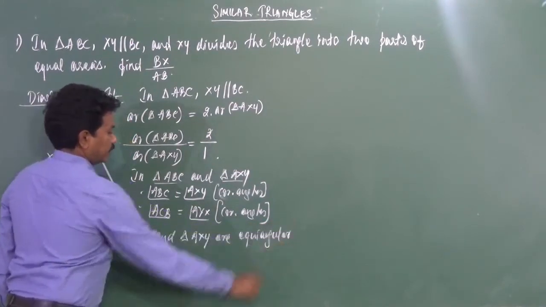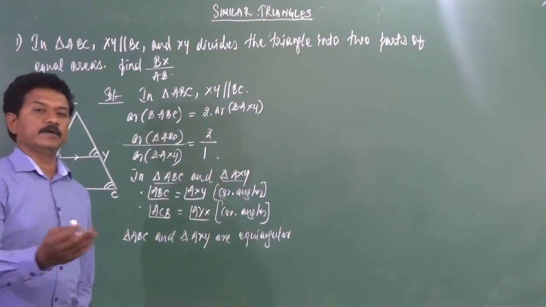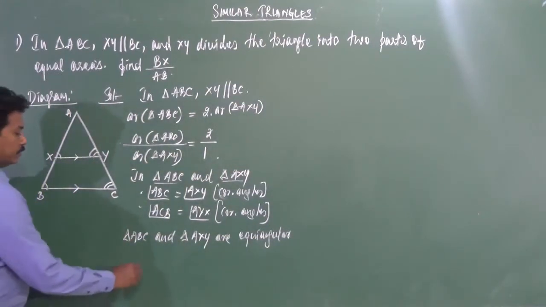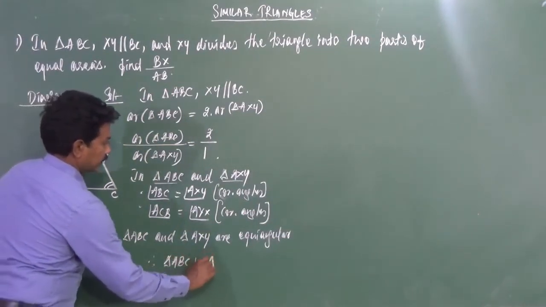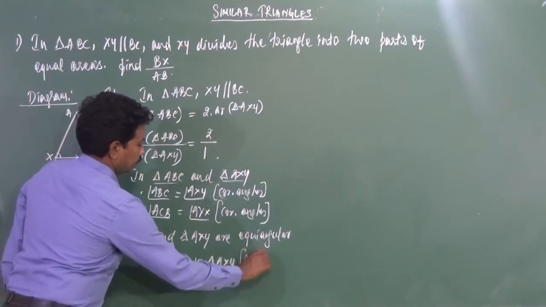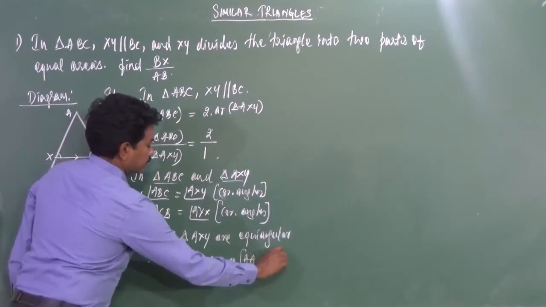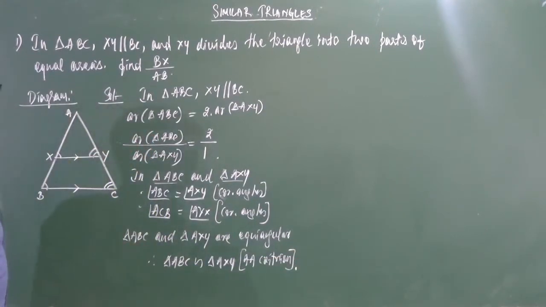If two triangles are equiangular, we know that according to the theorem they will be similar. Therefore triangle ABC is similar to triangle AXY. According to the AA criterion, both the triangles have become similar.